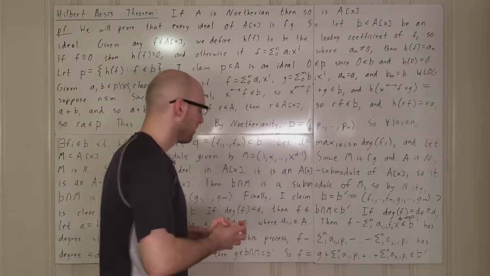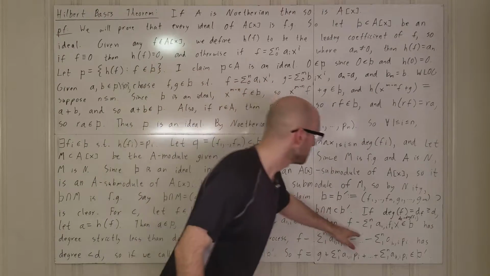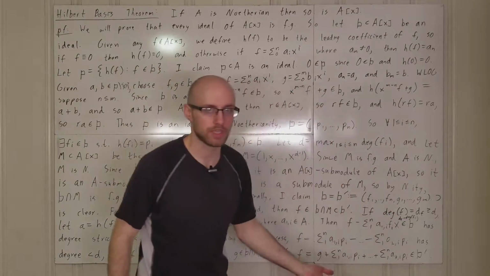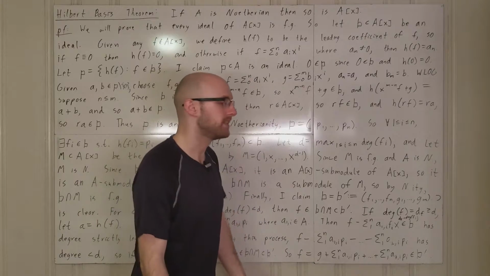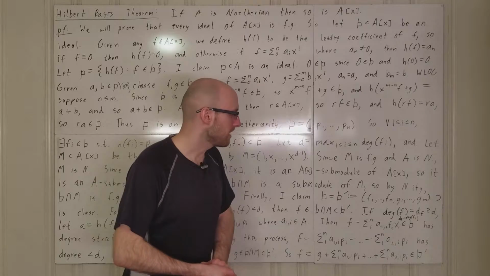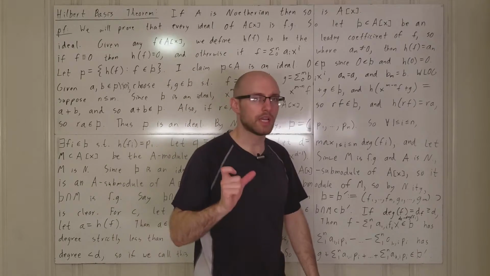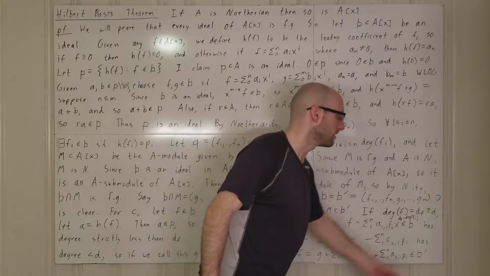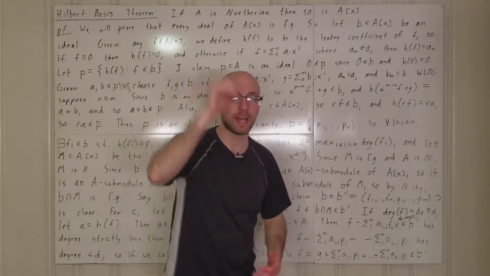This difference will have a new degree, you could call it D2. Suppose that D2 is also greater than or equal to D. So we've brought the degree down a little bit, but not low enough.